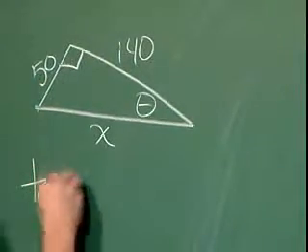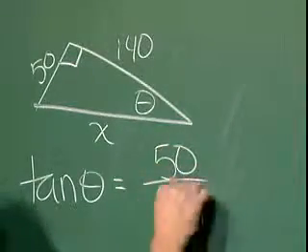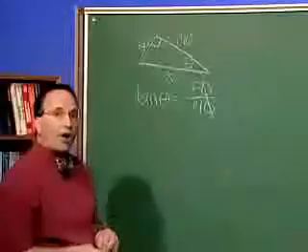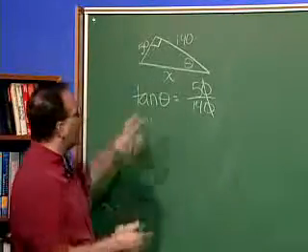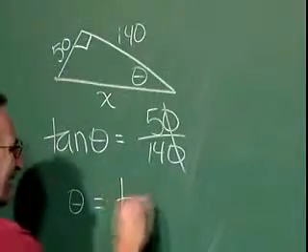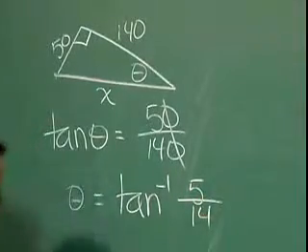So tan theta is the opposite over the adjacent, which of course I can reduce to 5/14. Now, on the calculator, we can figure out that theta is going to be the tan inverse of 5/14.